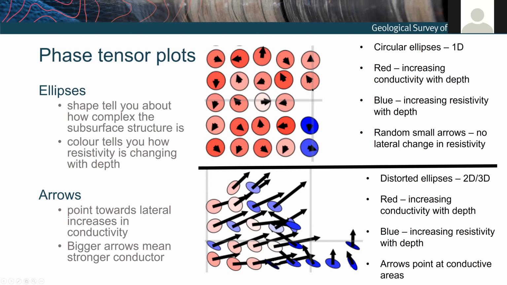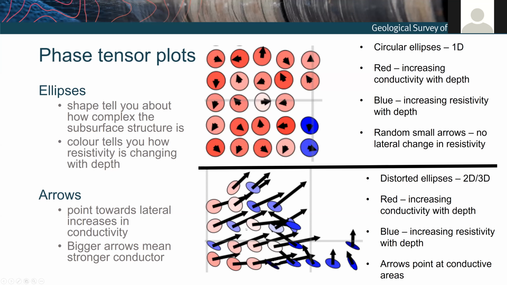So in the top panel, these ellipses are all pretty circular. That means you've probably got a one-dimensional structure underneath you, like a basin. Red ones indicate it's more conductive, blue ones are more resistive, and the arrows are really little, so there's no significant lateral changes in resistivity.